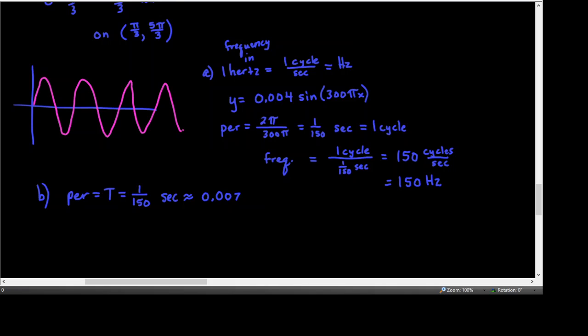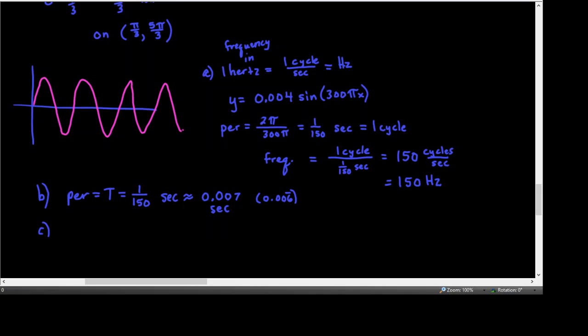It really is 0.006 repeating, but you can write that down if you want to. That's exactly what it is. So the period is approximately 0.007 seconds, more exactly 0.006 repeating seconds.